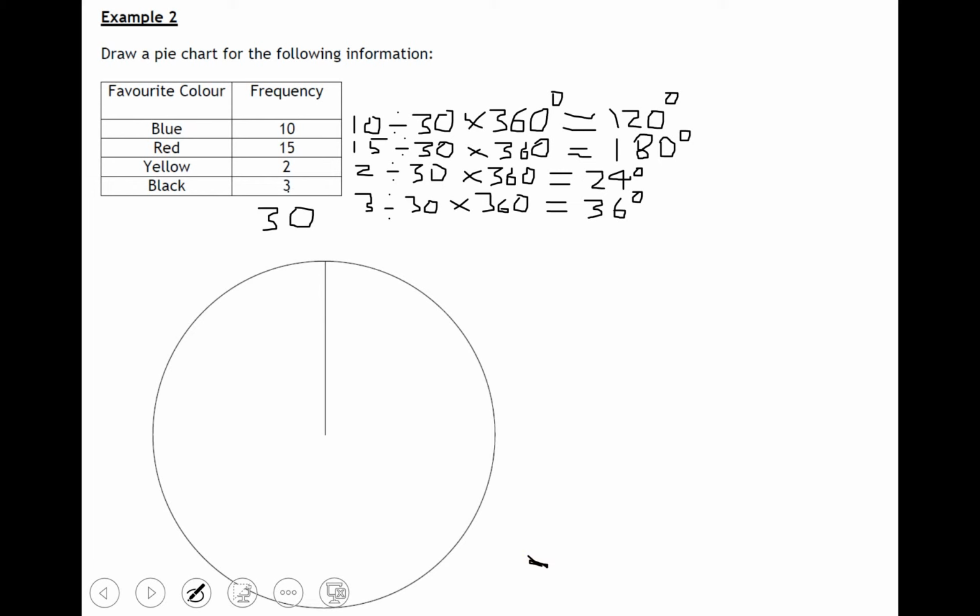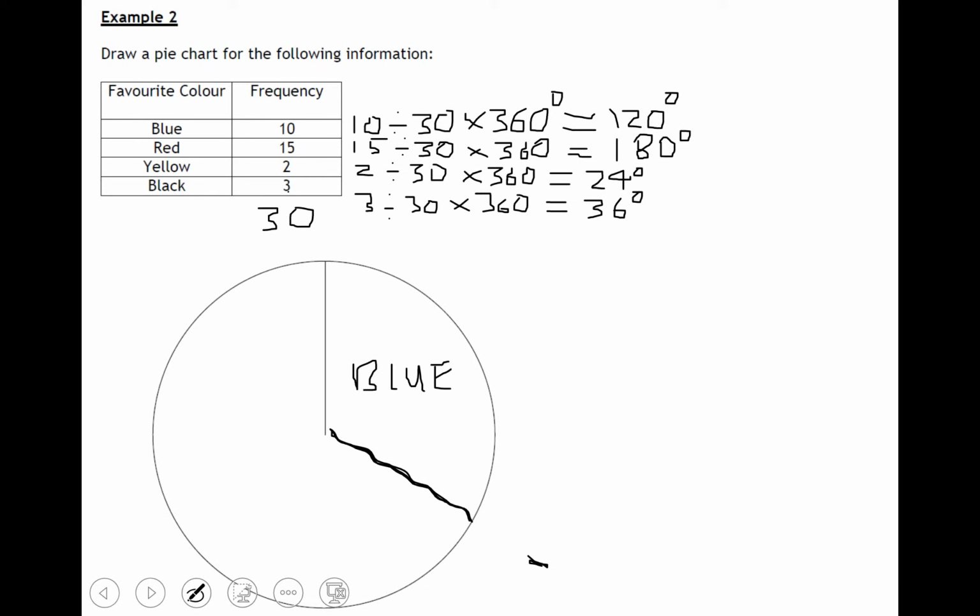We mark our line, but again we should use a ruler, and I am unable to, to measure that 120 degrees. And that corresponds to the blue quadrant, so we should label the pie chart segment as blue.